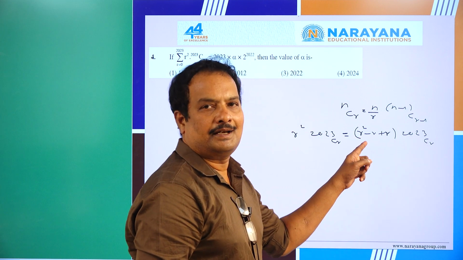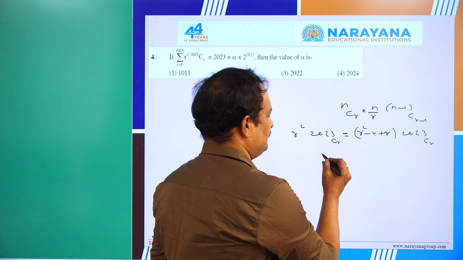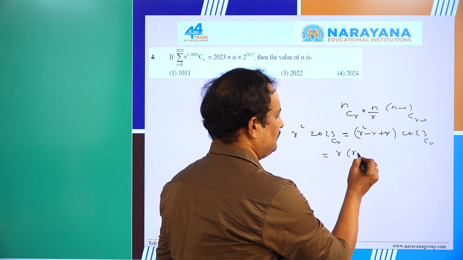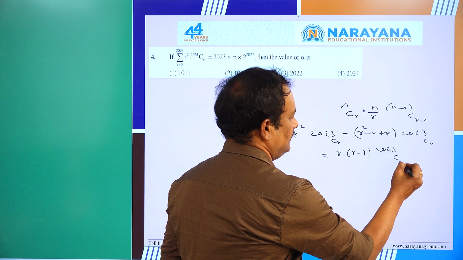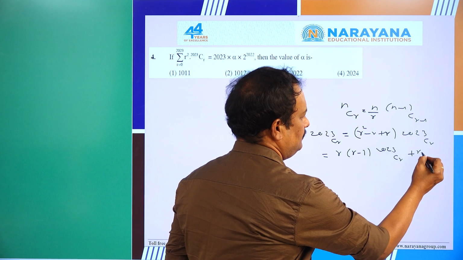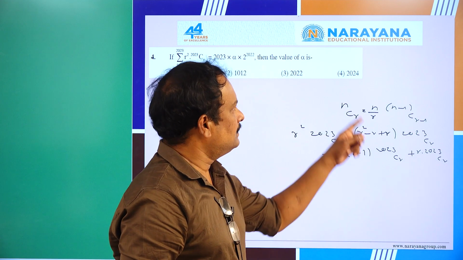So r is common here, so this is nothing but r into r minus 1. So the first part is r into r minus 1 into 2023 CR, next plus r into 2023 CR.